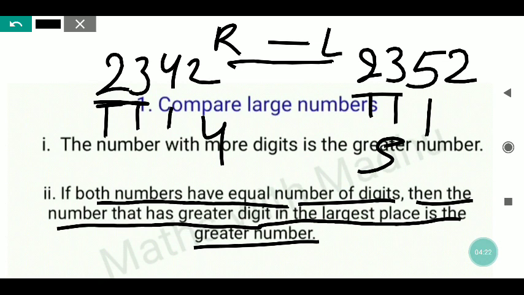So which one is greater, 4 or 5? 5. So we'll put the sign like this. As 5 is greater, the whole number will become greater. After that, no need to compare the rest of the digits.